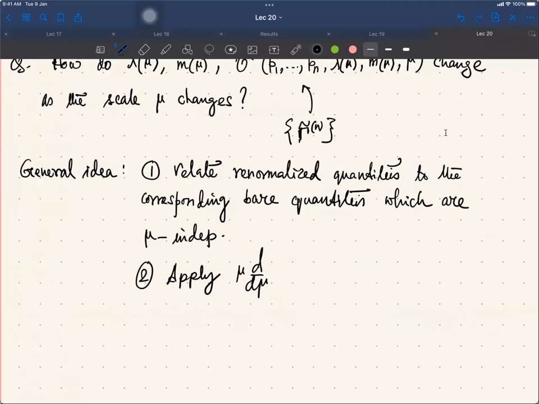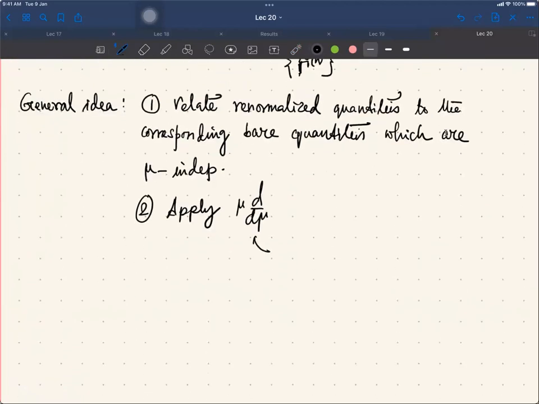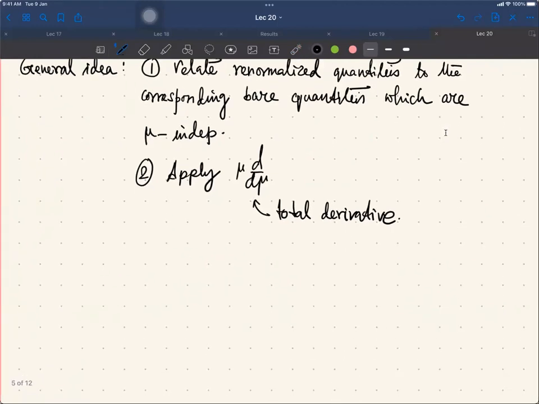This d/d mu is a total derivative, which means it acts on both the explicit and implicit dependence on mu. And because of the mu factor in front, mu d/d mu does not affect the mass dimension of the quantity on which it is acting.